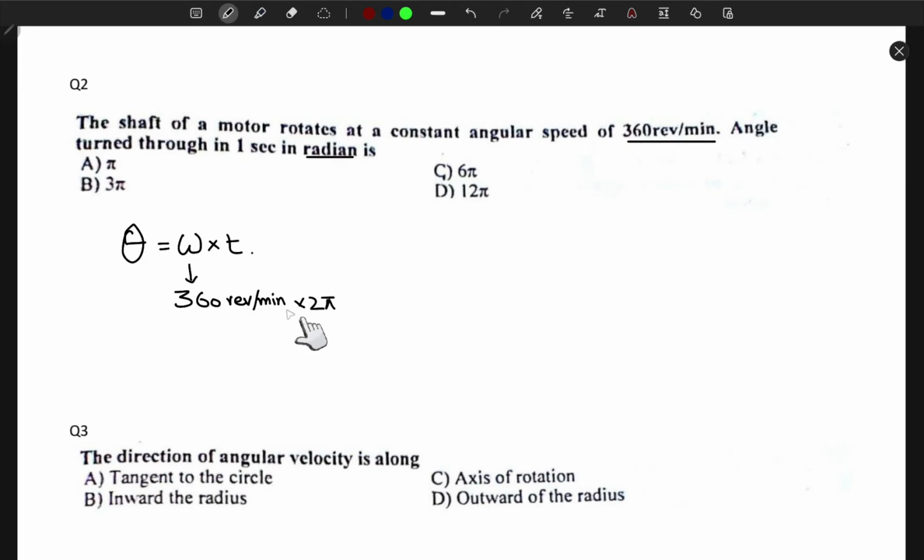And we have it in minutes, right? So we have this 360 revolutions per minute, so we have to get rid of this minute as well. So we'll just replace, as we know, in 1 minute there are 60 seconds. So we can replace this revolutions with 2 pi radians, right?